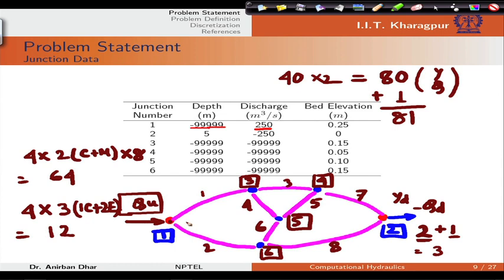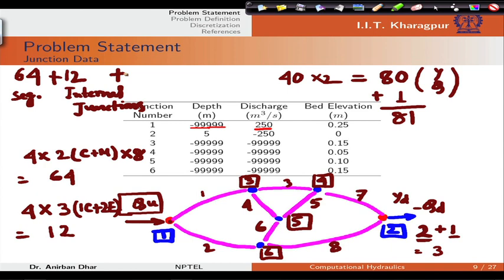Now, at node number 1, if I add 64 plus 12, which is coming from the segments and the internal junctions, plus 3 which is coming from the external junction node, plus 2, 1 for discharge continuity at node number 1, plus 1 energy continuity for channel reaches 1 and 2.